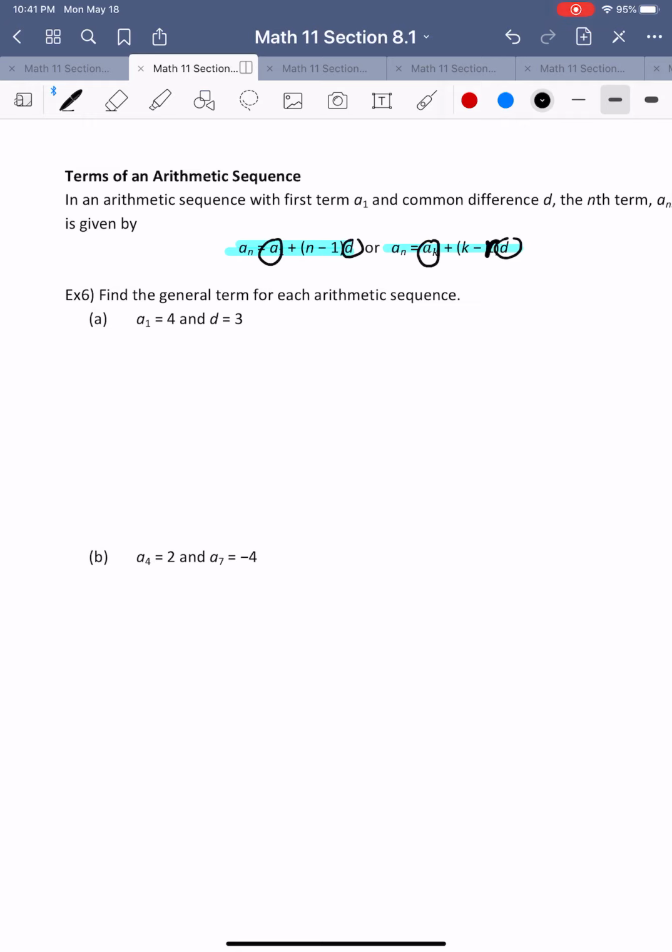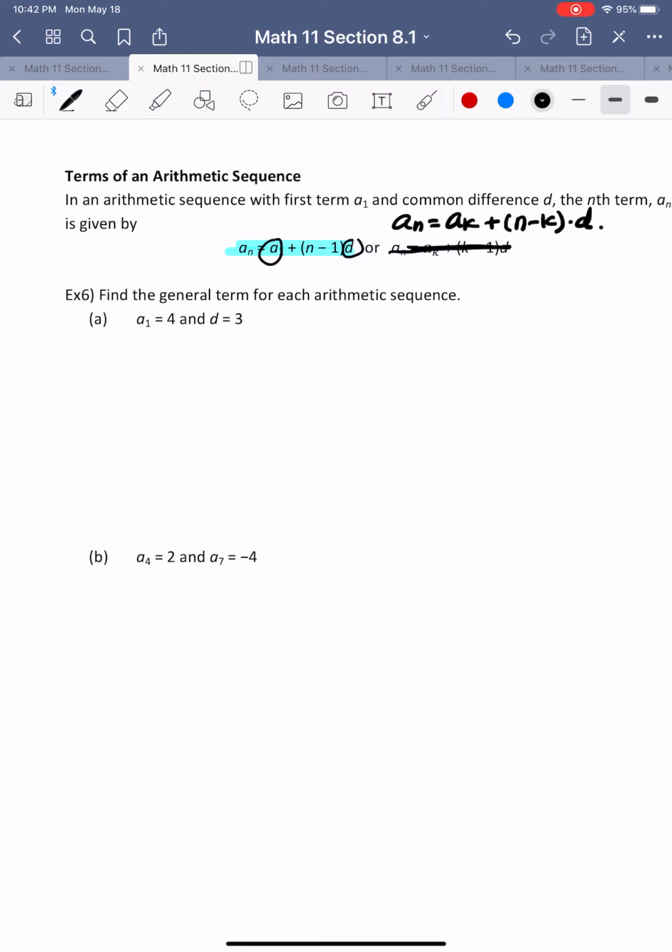Okay, so a sub n is a sub k plus, oh, hold on a second, what am I doing here? Okay, sorry about that. So let me think about this, okay? There's something wrong here. So a sub n is a sub k plus n minus k times d, okay? That's the right way.